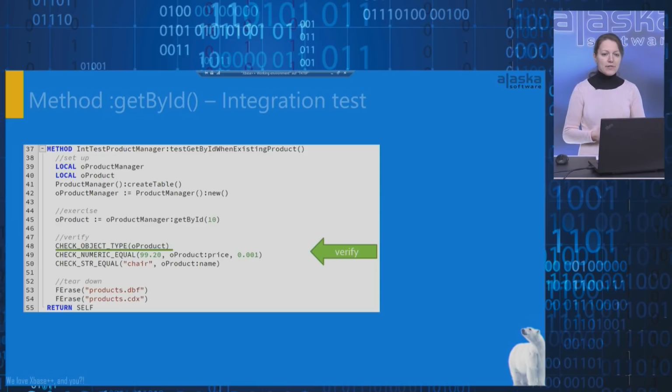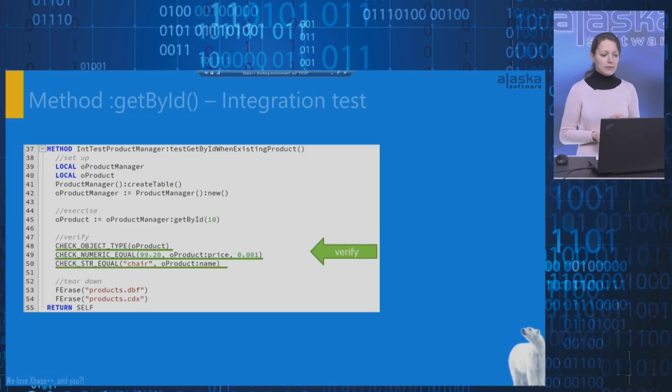And in the verify phase, I check it. In the first line, this is the verification command checkObjectType. It checks that the returned value is of object type. And then in line 2, I compare two numbers, checkNumericEqual. I compare that the expected product price is equal to the returned product price.